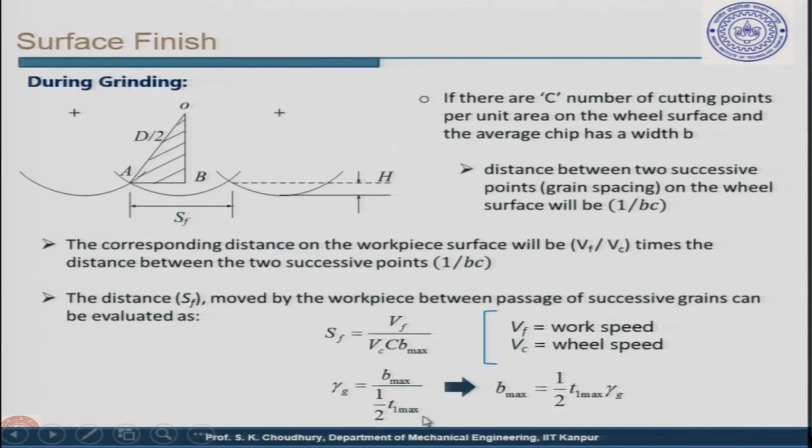We already found this from the chip, if you remember: this is the T1 max, and this is the B max. So, gamma G is B max by half of T1 max, because it is the average T1. So, B max is therefore equal to half of T1 max into gamma G. Okay.